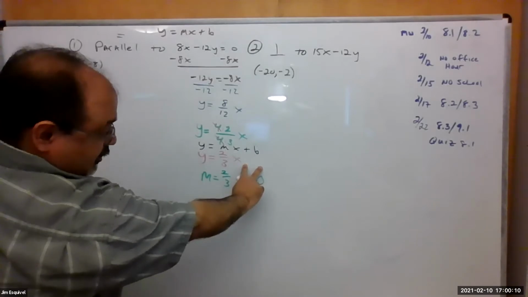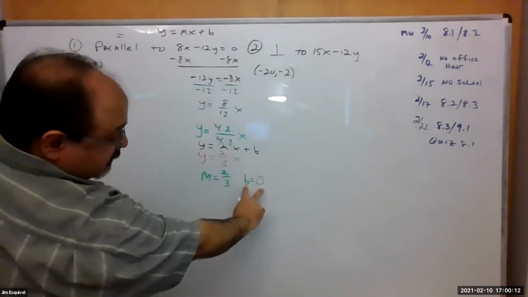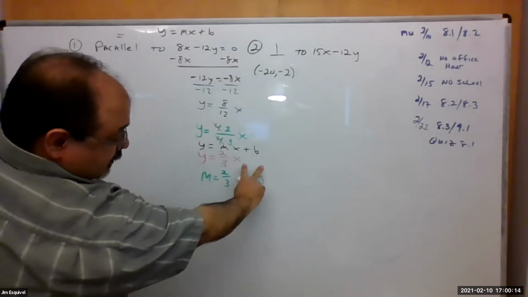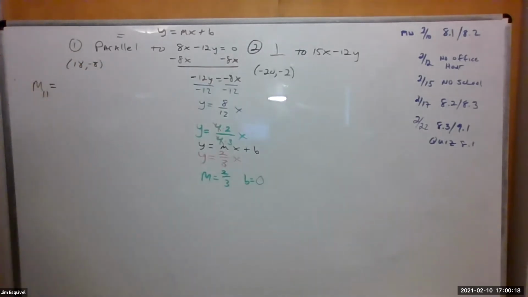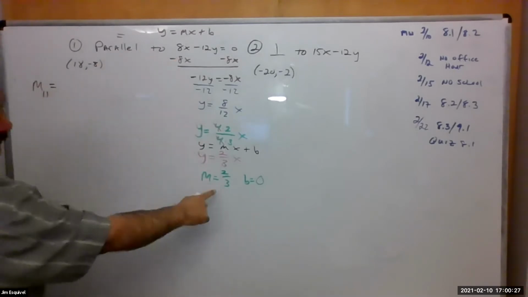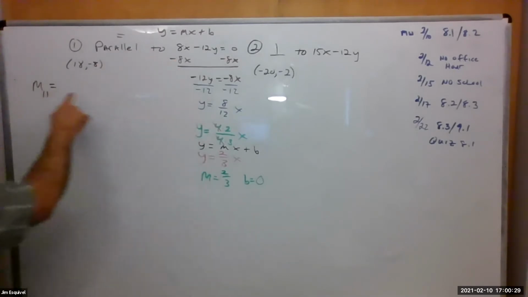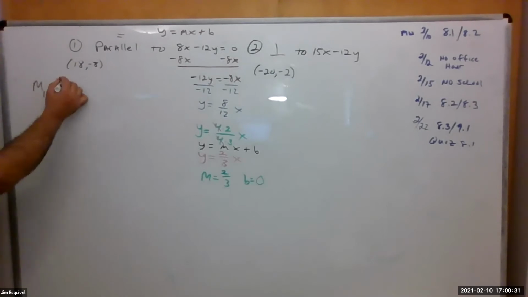Plus what? Well, the only way you have a nothing is because the y-intercept is a 0, plus a 0. Remember that, because that's going to come up. Parallel lines are equal slopes. So since this line is going to be parallel to this one, the slope that I'm going to use is also 2/3.